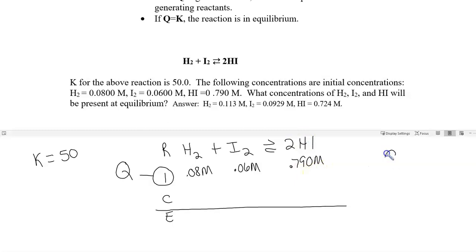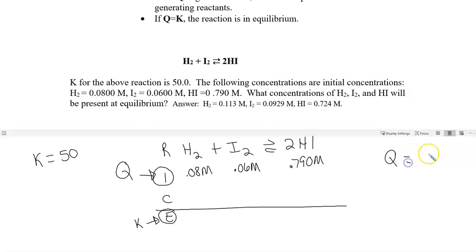And the way you solve it is just like you solve for K. We're going to be putting the products over the reactants raised to their coefficient power. But instead of using the values at equilibrium, as we do to calculate K, for Q you use this initial information. It works the same way, but Q's just going to let us know, are we there yet?